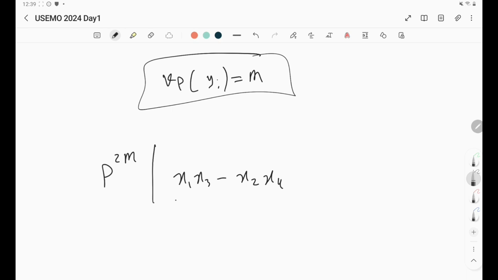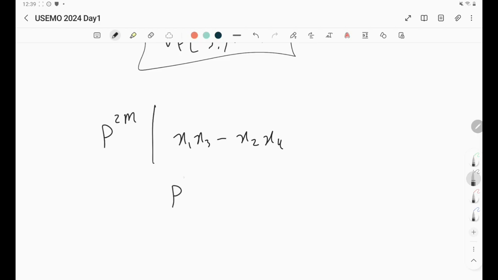Again, remember that each one of these gives us some p to the something. And we're going to get p to the smallest one outside, p to the k. In fact, let's say k is a sum of two numbers. And we're going to have minus something and something.